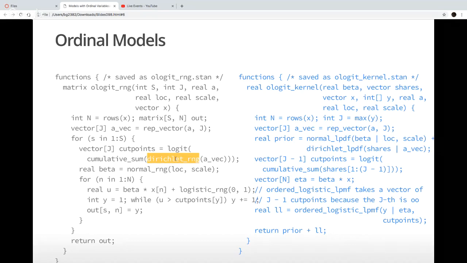We're going to be drawing from a Dirichlet distribution with shape parameters A repeated J times. That's going to be a draw from the simplex: non-negative, adds to 1. We do the cumulative sum of that, and now we have numbers between 0 and 1, except the last one is exactly 1. To put this in the form of cut points for an ordered logit model, we then apply the inverse CDF transformation of a logistic distribution, which is coded in Stan as logit.